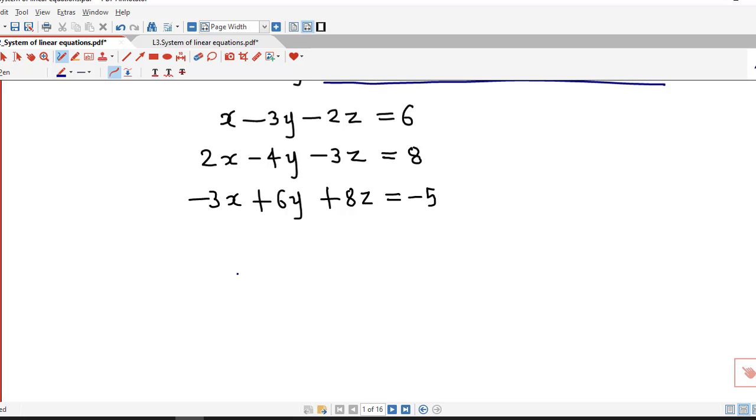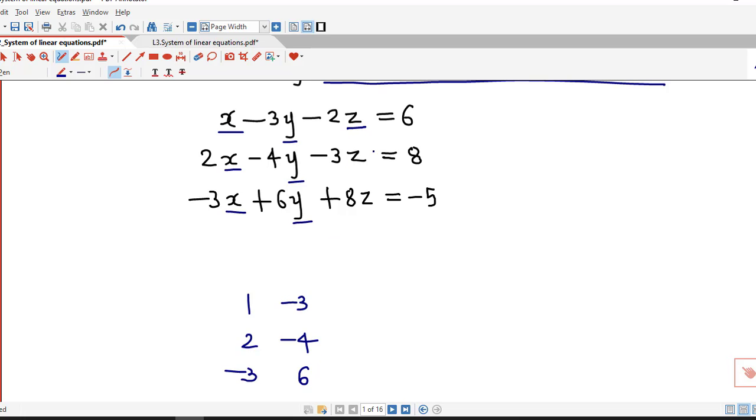That matrix is written as follows. First we write down the first column, which is the coefficients of x. Here the coefficients of x are 1, 2 and minus 3. The second column corresponds to the coefficients of y, which are minus 3, minus 4 and 6.